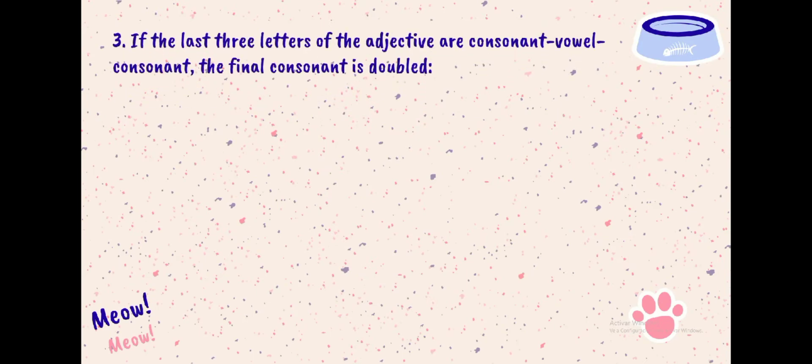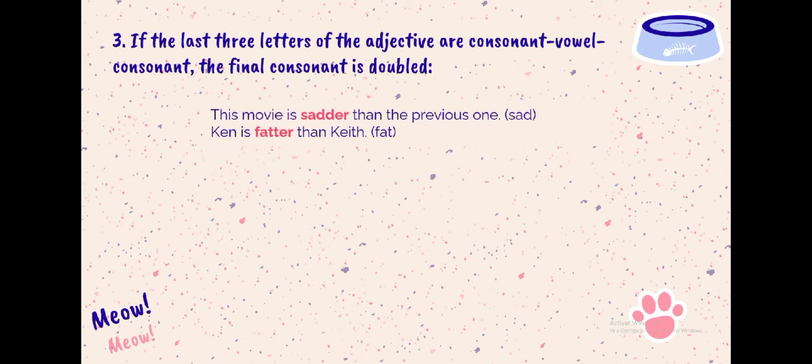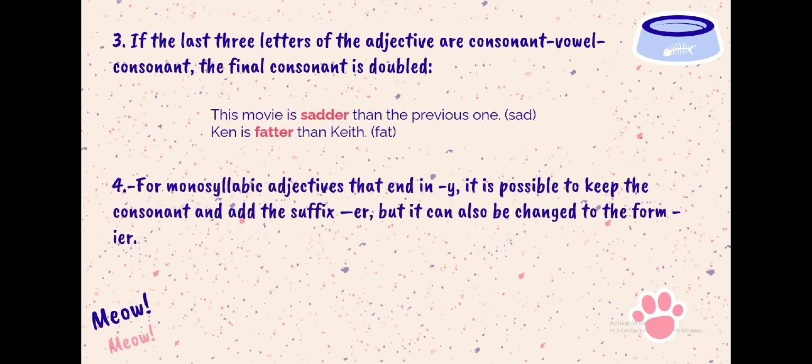3. If the last three letters of the adjective are consonant, vowel, consonant, the final consonant is doubled. Example, this movie is sadder than the previous one. Ken is fatter than Kane. 4.